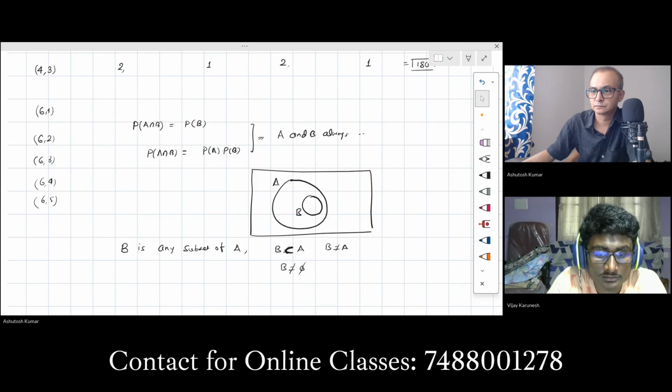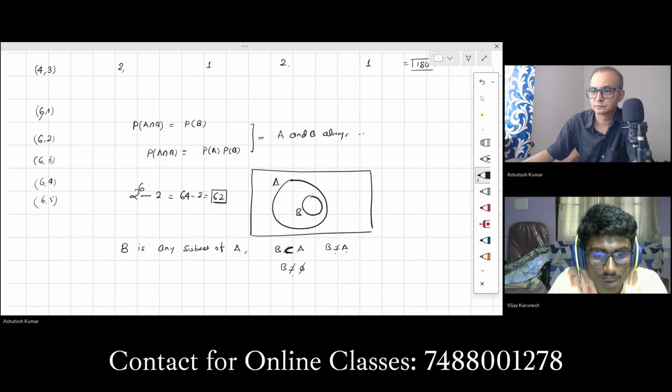Here I have 6 items, so in total we can construct 2 to the power 6. But out of this total, I have to remove the case B equal to A and the case B equal to the empty set. Minus 2. So that will become 64 minus 2, that is 62.